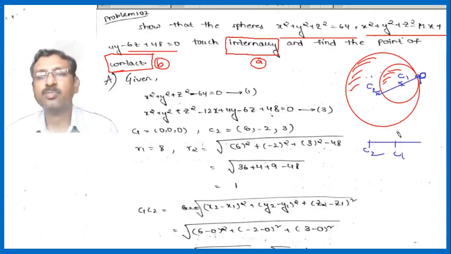This part is called the extension. In this case we say that P divides C1C2 externally.